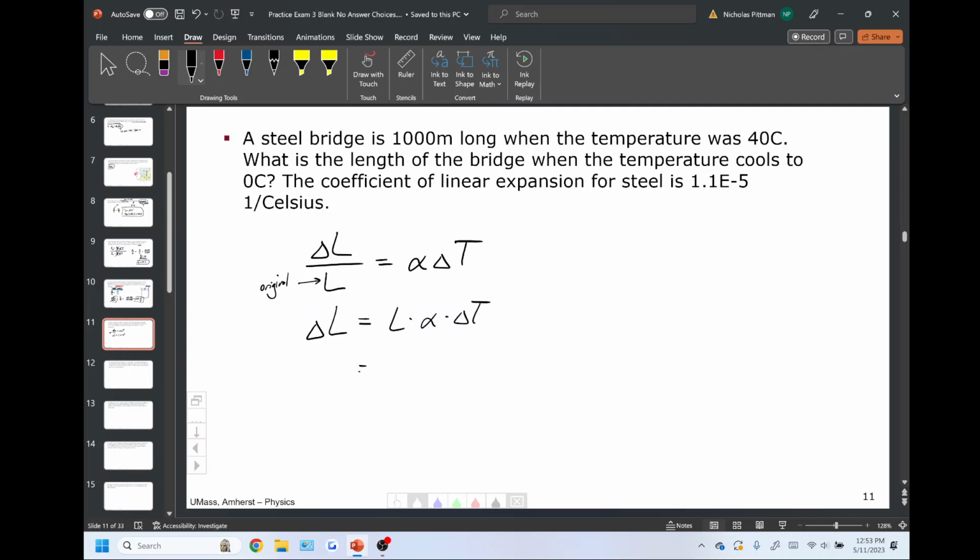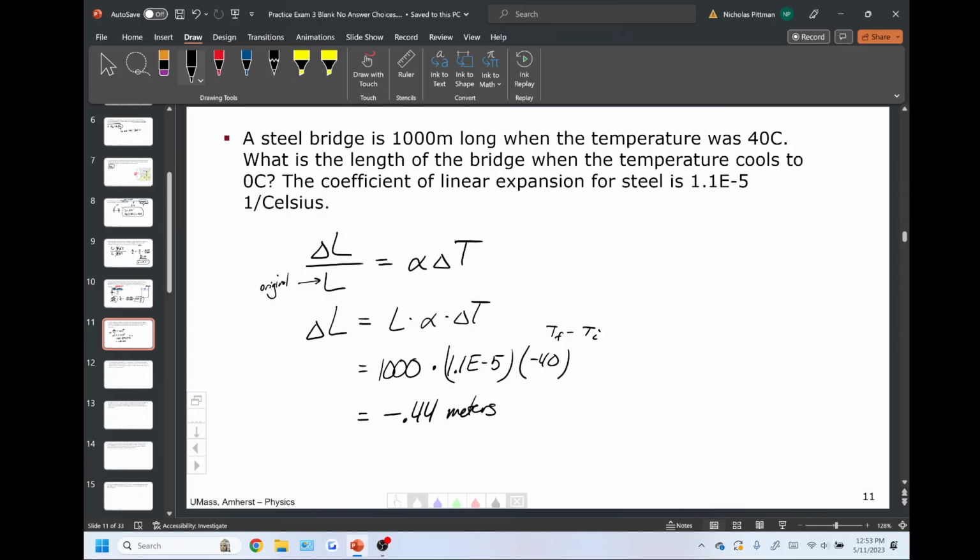Okay, the original length is 1,000 meters. Alpha is 1.1 e minus 5. And delta T is negative 40, right? T final was 0 and T initial was 40, so you have 0 minus 40. And if we plug all these in, we get negative 0.44 meters.